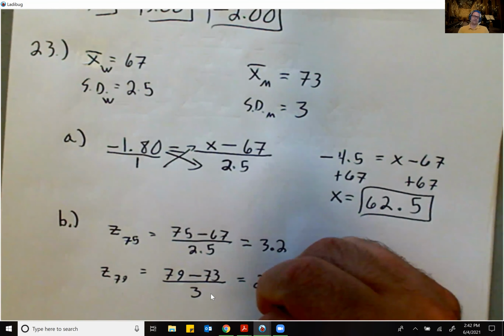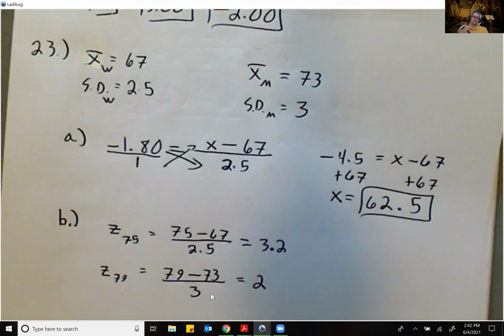Out of these, and it's kind of a bad question saying who is taller, you could say who is taller for their division. That's what they're really trying to get at. You're comparing against divisions. Who's really taller?